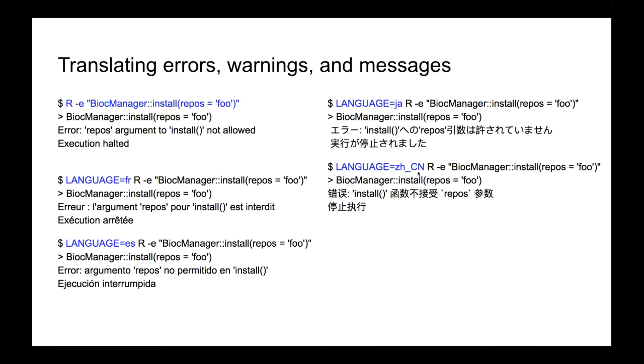Robert Castelo straightened me out: they're not dialects, they're varieties of language. The CN is simplified Chinese and the ZH is Chinese, and there's a zh_TW or something like that, the traditional Chinese.